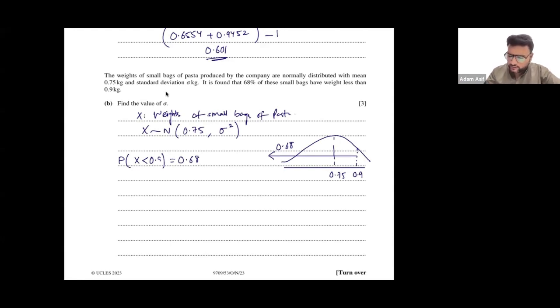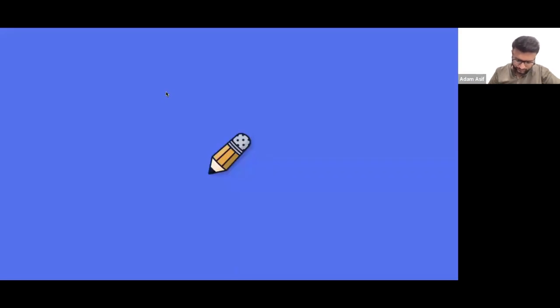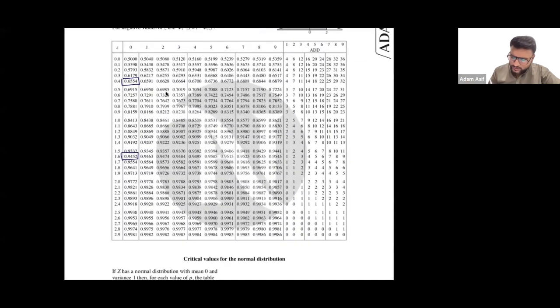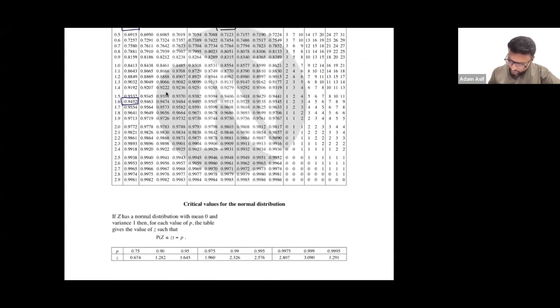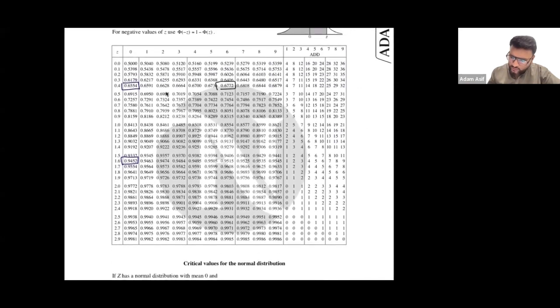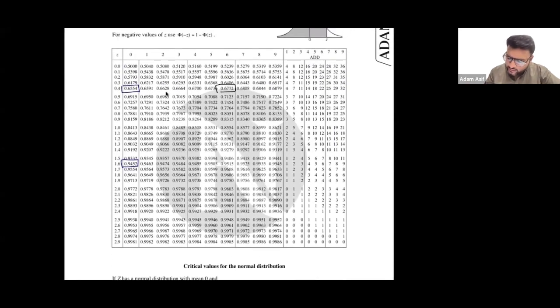So we are going to go back to the table and find the Z value at 0.68 body area. 0.68 is the probability. Okay, we have 0.6772, and we need to add 8.